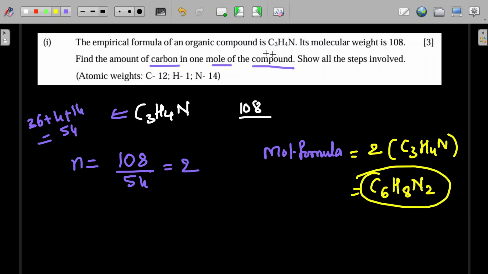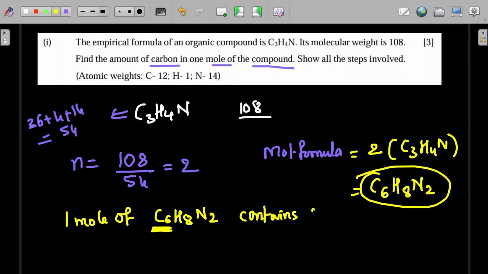You should not find it from this; you have to take this. So in 1 mole of C6H8N2, how many moles of carbon will be there? 6, because the number is 6 now. It contains 6 moles of carbon. Hydrogen will be how many? 8 moles. Nitrogen will be 2 moles.